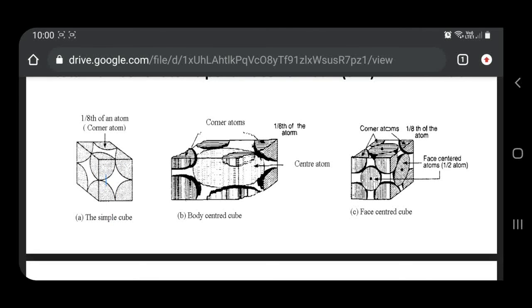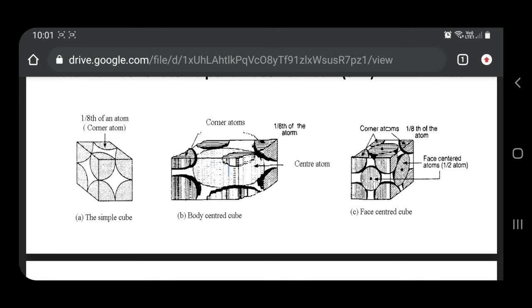That is why a simple cube is called a primitive cell. If a Bravais lattice has one lattice point per unit cell, it is called a primitive cell. Look at the figure of a body centered cube. At the center you have a centrally located lattice point where the atom, molecule or ion is to be located, and again at each corner 1/8 of an atom is contributing.